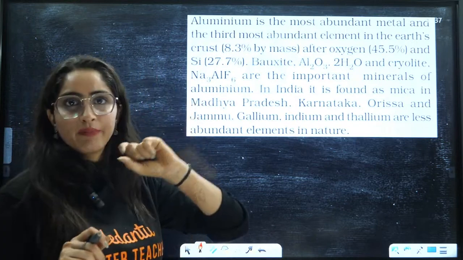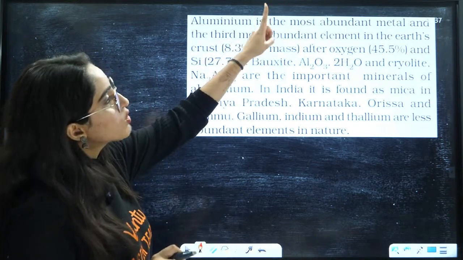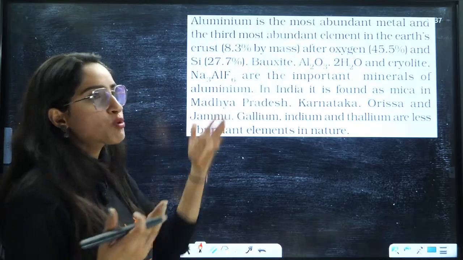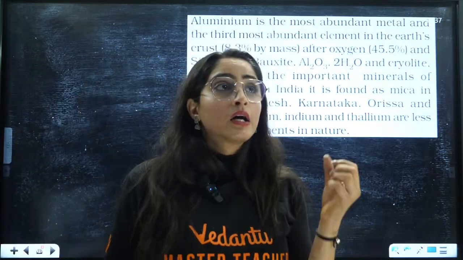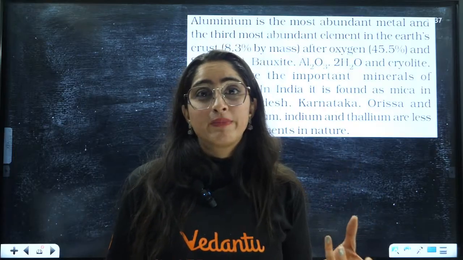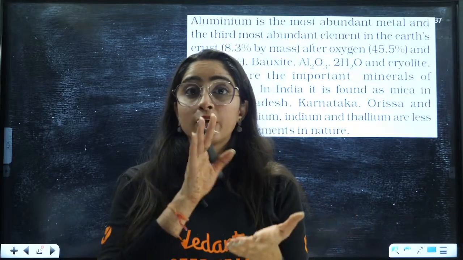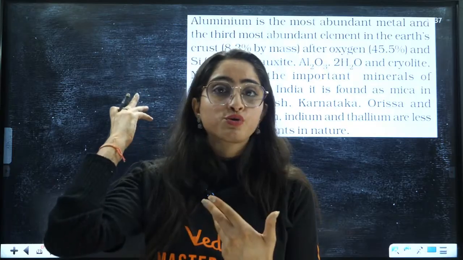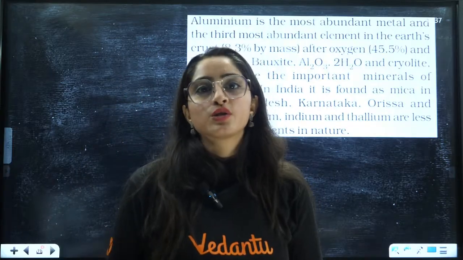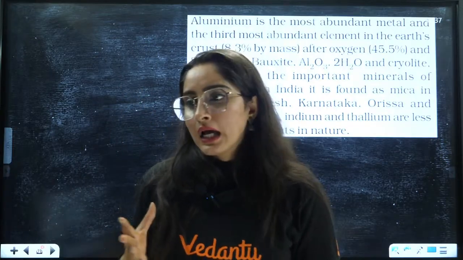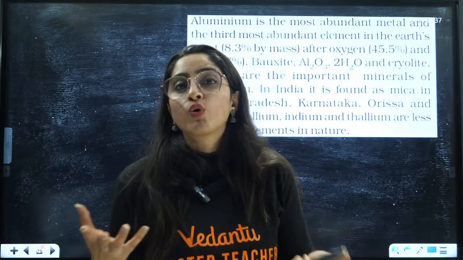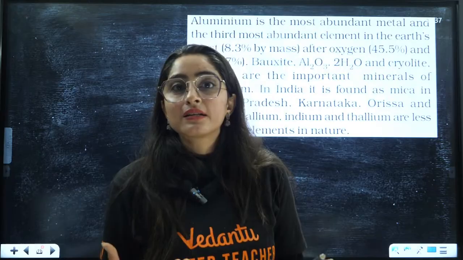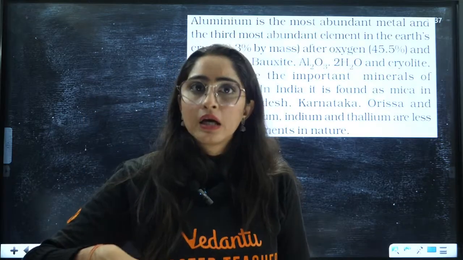Next element is aluminium. Aluminium is the most abundant metal. In our houses you will see aluminium everywhere: gates, doors, windows of aluminium, even aluminium foil we used to use. Now we know that it is not good for our body. Ten years back, people had no idea that this is harmful for their health.